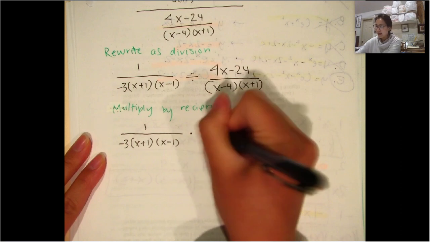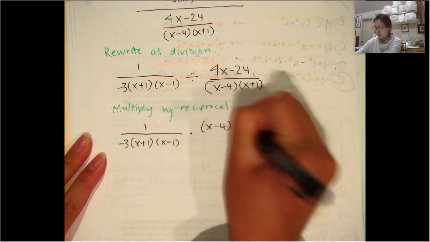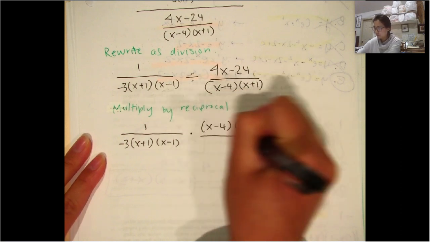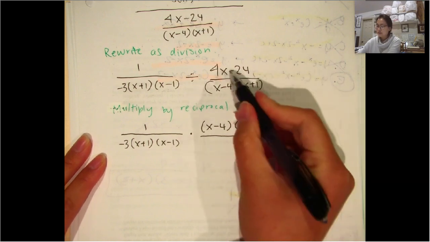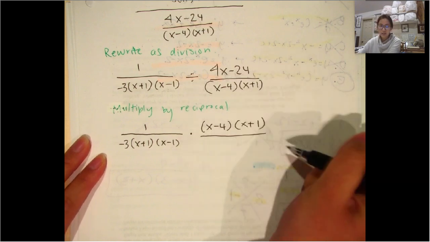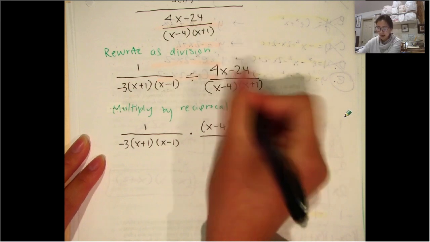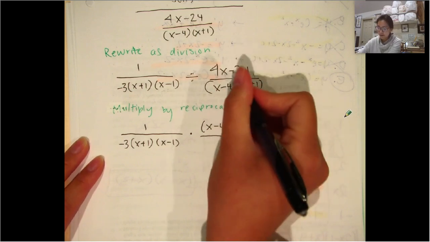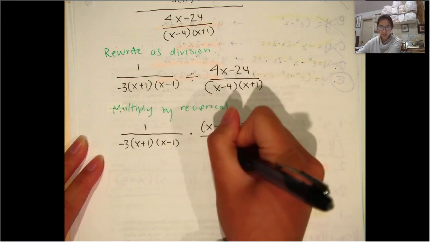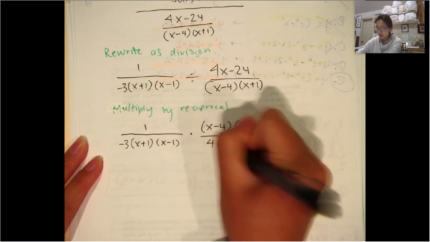So we have x minus 4 times x plus 1 divided by 4x minus 24. So I'm just going to go ahead and factor out a greatest common factor from that. So that's 4. So we have 4 times x minus 6.